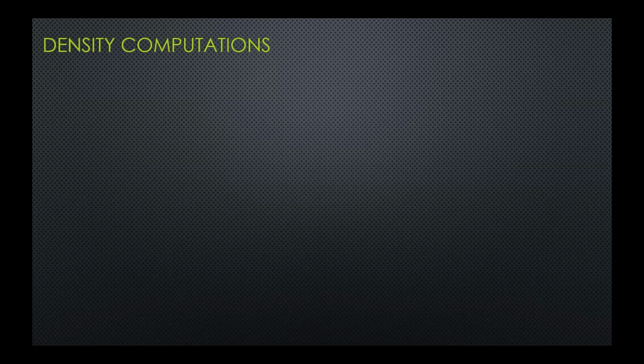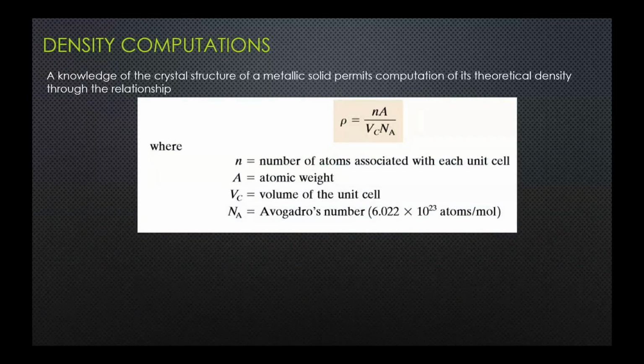Now, I hope you would have heard about the Archimedes principle in your high school physics. If you want to find out the density of a material, there is a way based on Archimedes principle that you could experimentally find out the density. But if you want to compute the density of a material theoretically, here is the relationship.